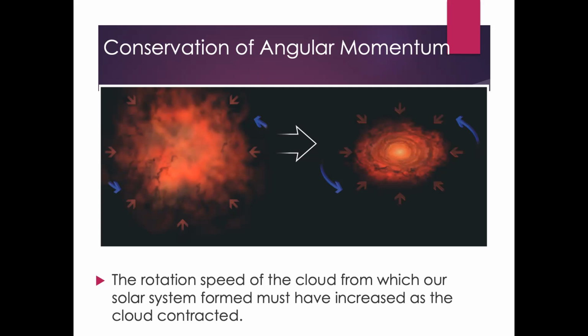And then if they contract, they start to speed up. You can see here that as the nebula gets smaller and smaller, as it collapses in on itself, the rate of rotation increases.